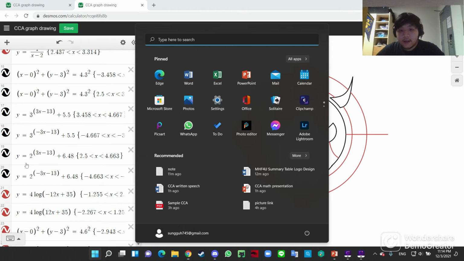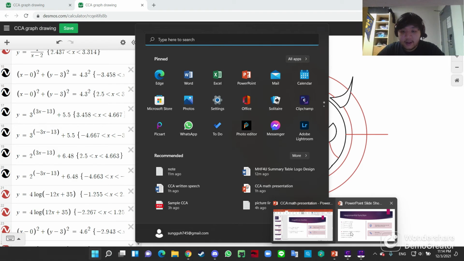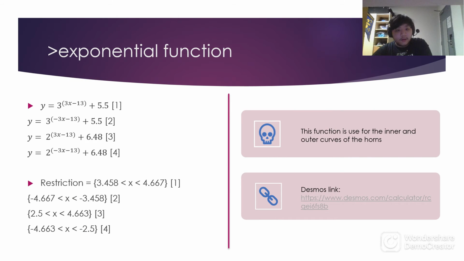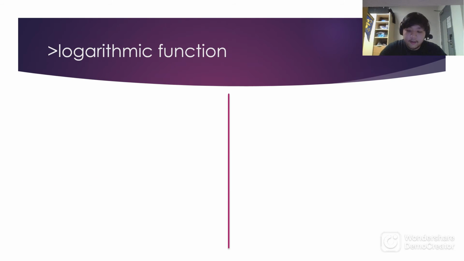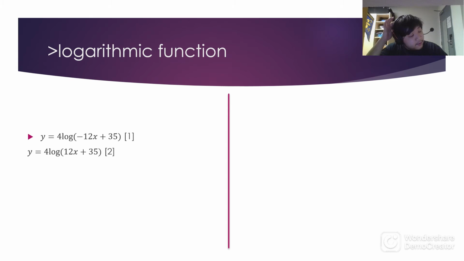Exponentials we have already covered, and now we can move on to the logarithmic function. For the logarithmic function, I will also be representing them with numbers, as I will be using more than one.